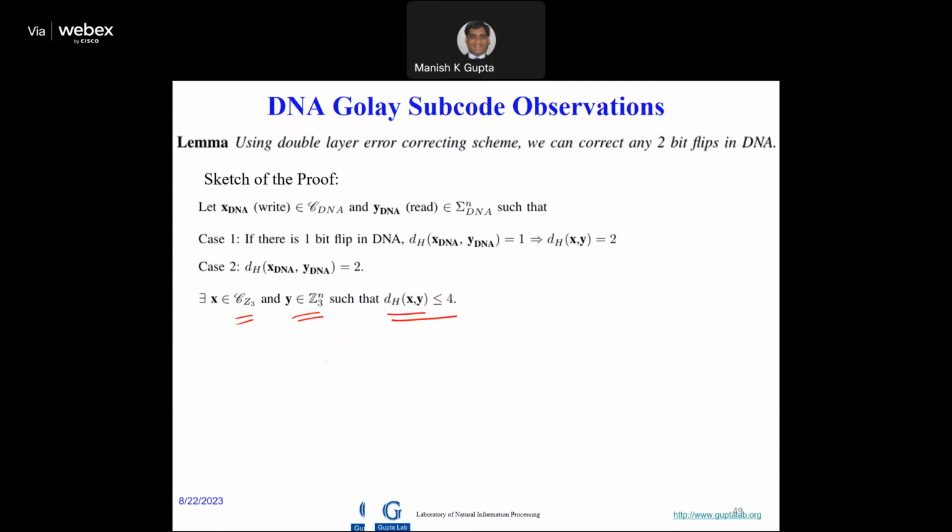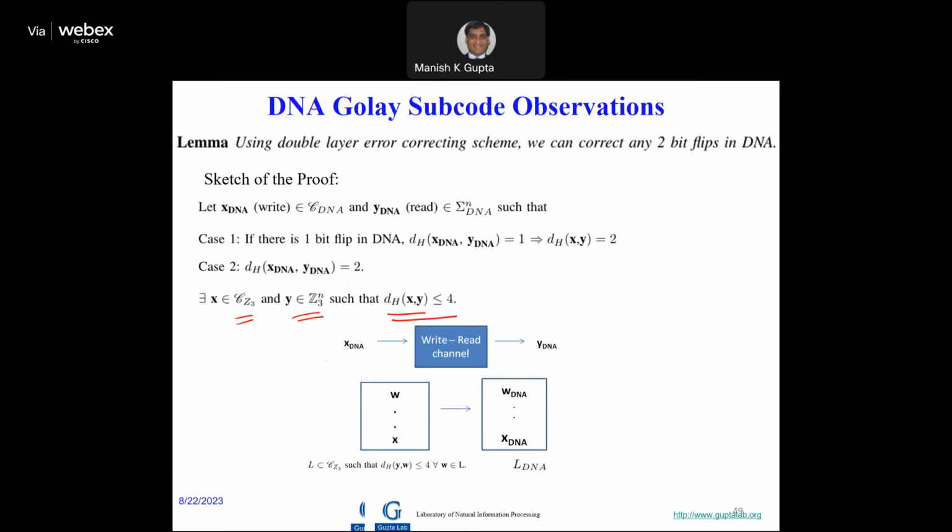Fine. Now, here is something like this: X DNA is sent, Y DNA is received, read write channel. So now we look at the set here. Okay, so basically, now I want to show that the received vector Y has distance more than whatever is required for the error correction.